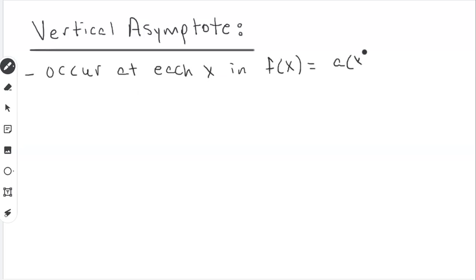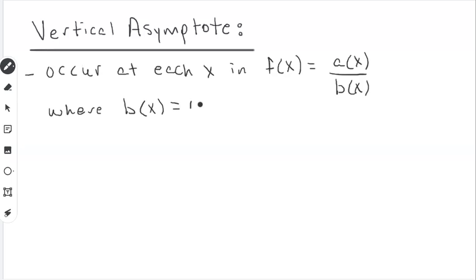Well, vertical asymptotes are going to occur at each x in f of x equals a of x over b of x, where b of x is equal to 0.